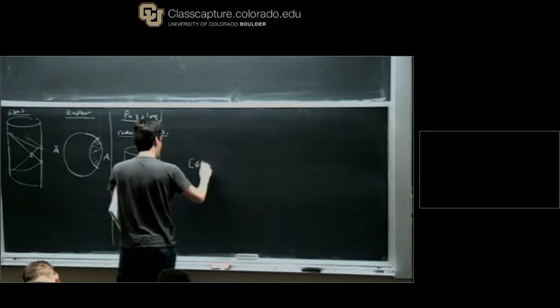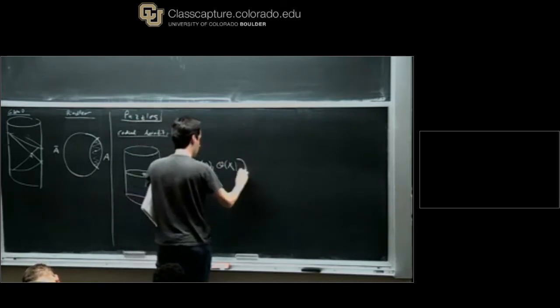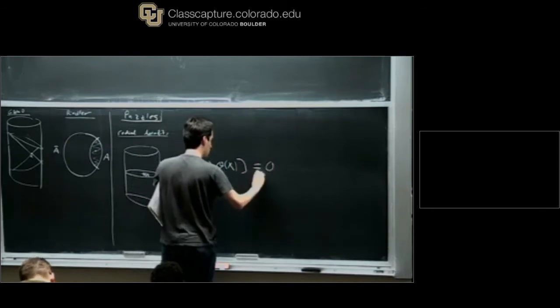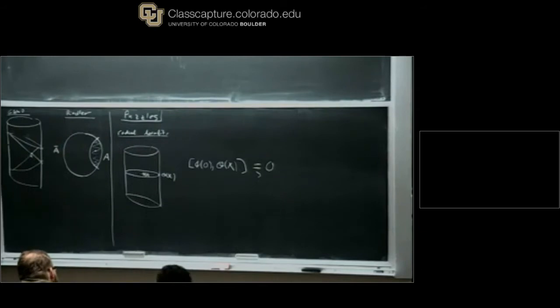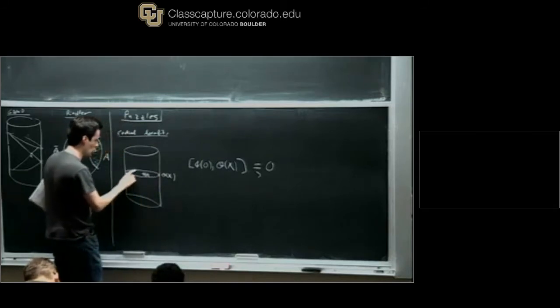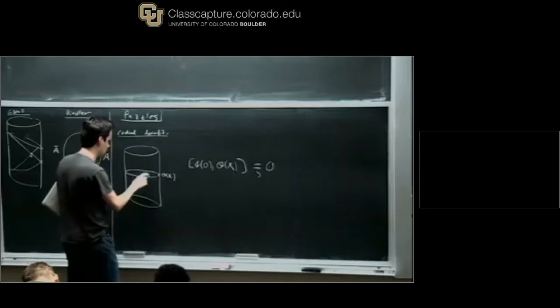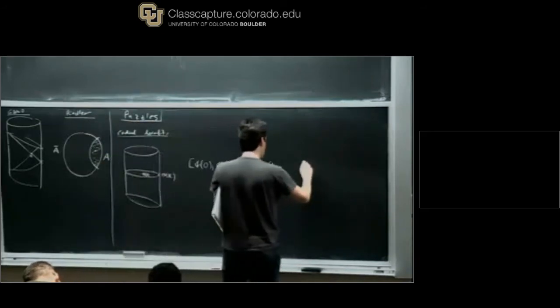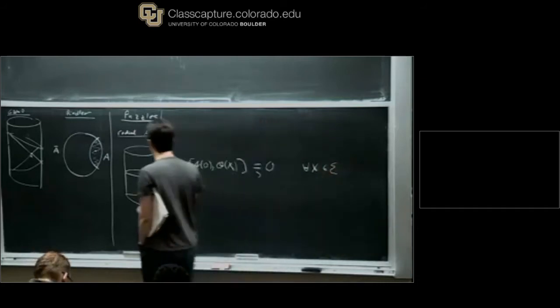So given the rant that I just gave, you might think that they should be commuting quantum operators. Because otherwise, how can the bulk be local in the radial direction? And moreover, I can put this O of x wherever I want on the boundary. So it suggests that this should be true for all x which are in this boundary time slice here, sigma.